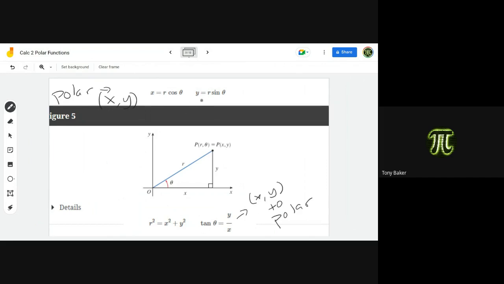We're going to do a problem for each of these in a second. Sometimes it's easier to have it done in polar to figure it out. Sometimes it's easier to be done in the XY coordinate.